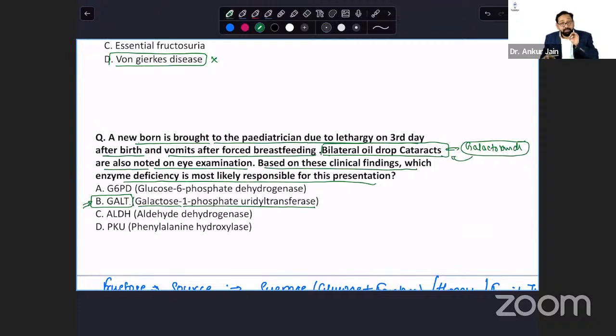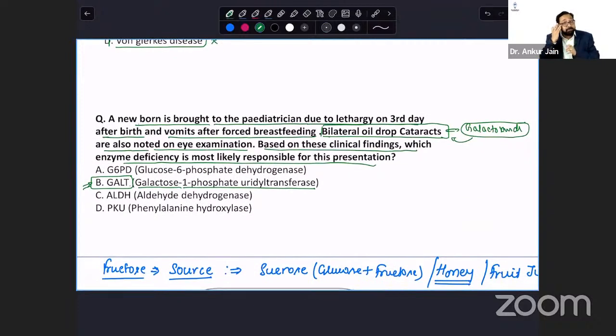I remember it like this: Kana. Kana means one-eyed man. Only the eyes are affected. So the answer is this. Now we will discuss fructose metabolism and try to integrate galactose and fructose metabolism, and why they are different.